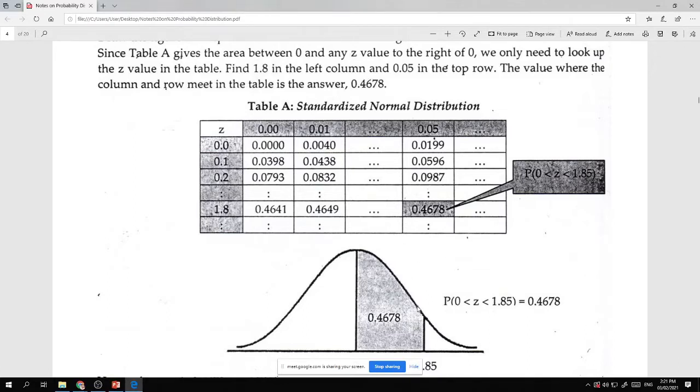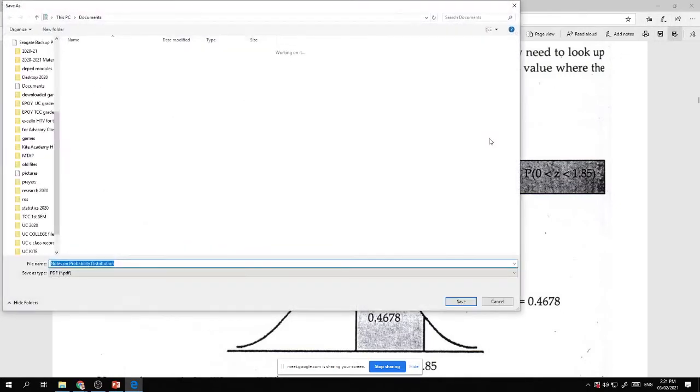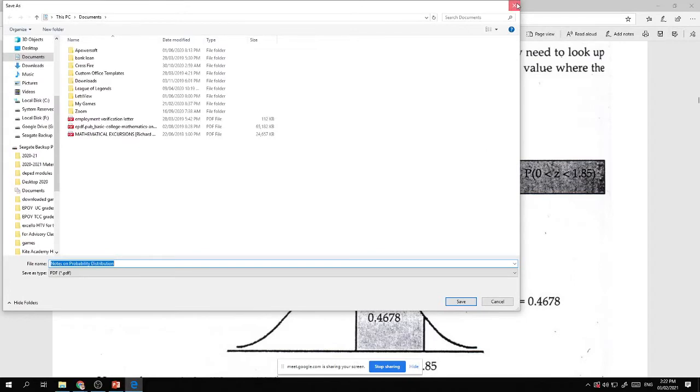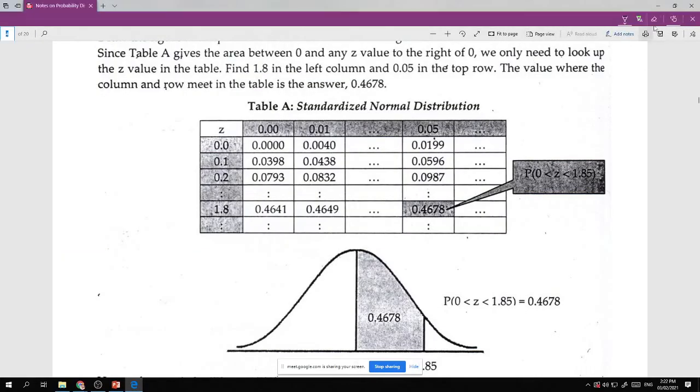Sir, what do you mean by that? This means that this portion here, the shaded area, is in percent. How do you write this in percent? You write this as 46.78% being shaded. I'm going to make use of a pen here.